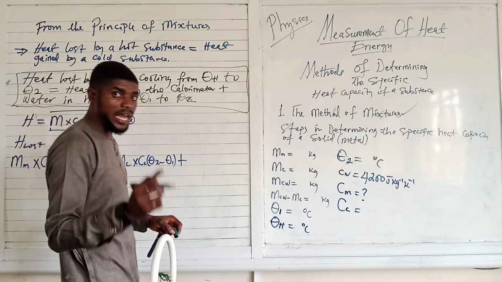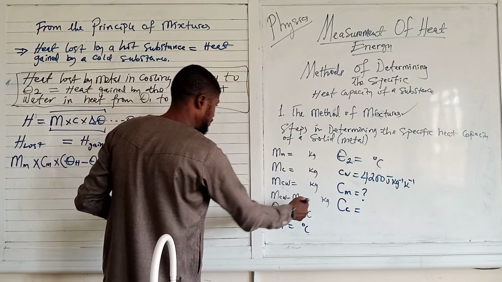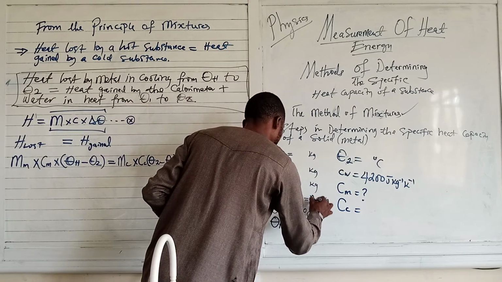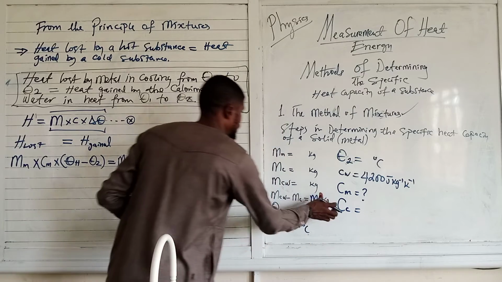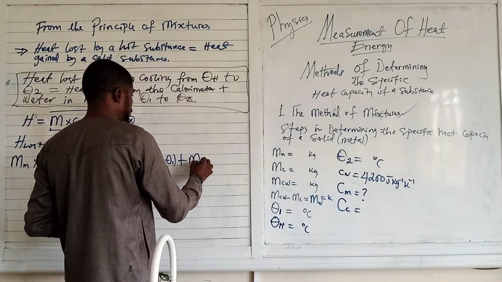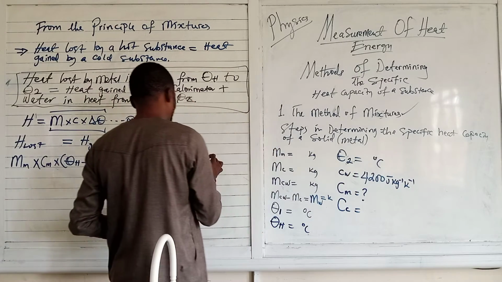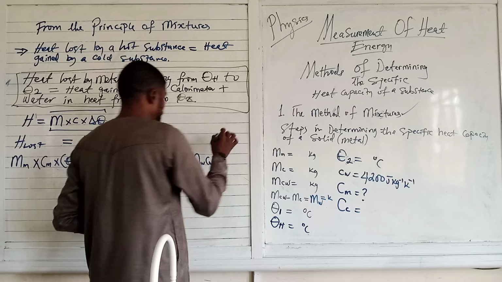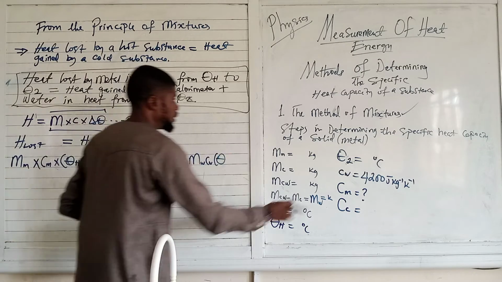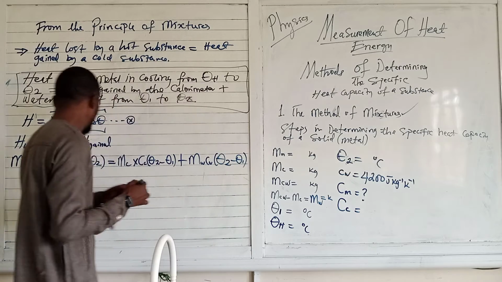plus heat gained by water, that is mass of water. This will be given, and everything will be in kilogram. It is mass of water times specific heat capacity of water times theta 2 minus theta 1.